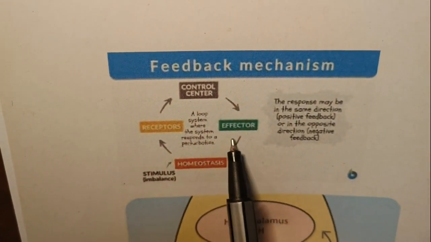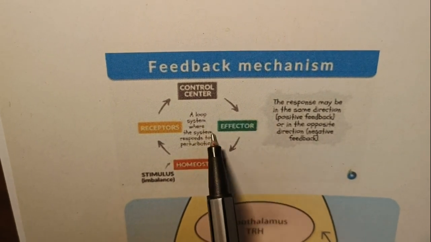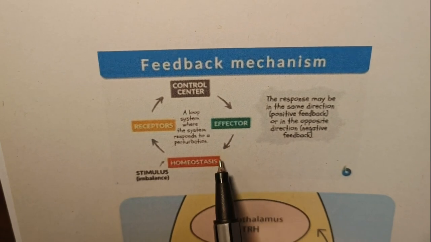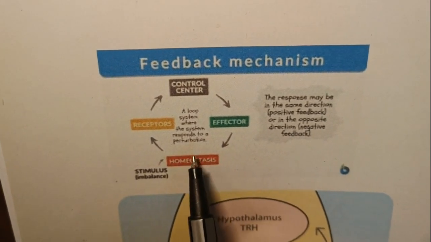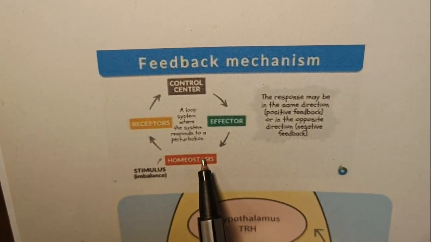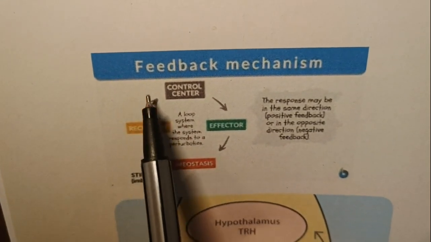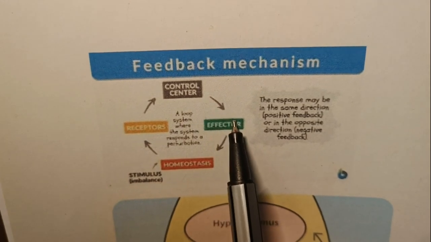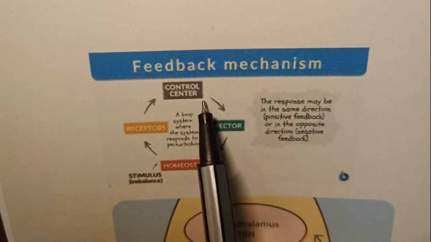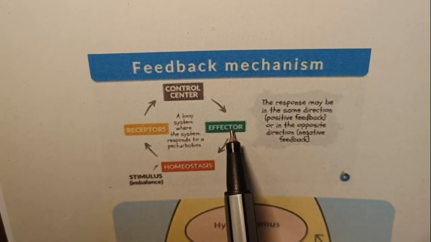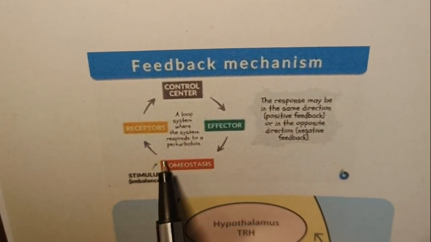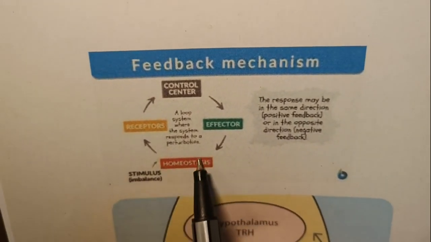There is a control center that releases hormones. They act on the effector. The effector further releases hormones and they produce results. And if the result produced is excessive, then it provides feedback to the control center to reduce the release of hormone.